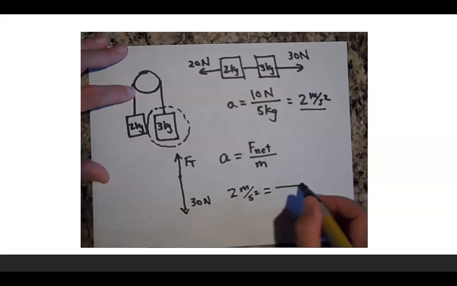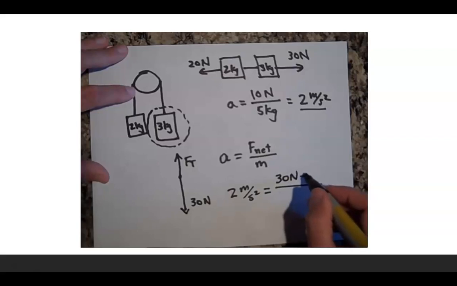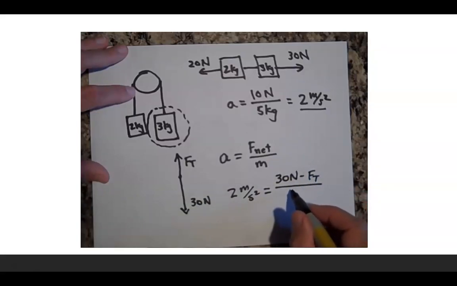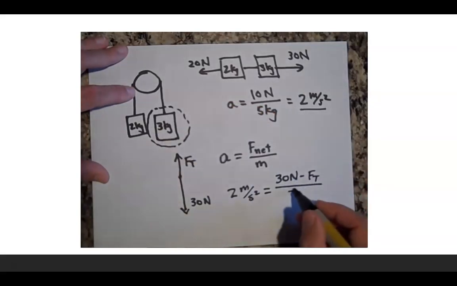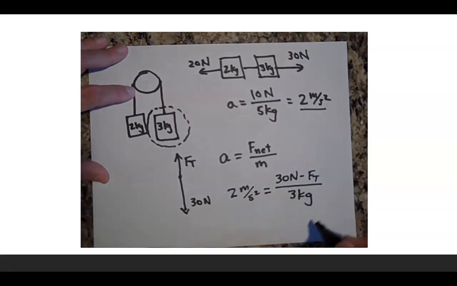The net force, 30 is winning, so I'm going to say 30 newtons minus Ft all over the mass. Now, that's my system. The dotted line is my system, so that's 3 kilograms. Solving for Ft, let's see, that's 6 newtons. So that would have to be 24. Ft is 24 newtons.